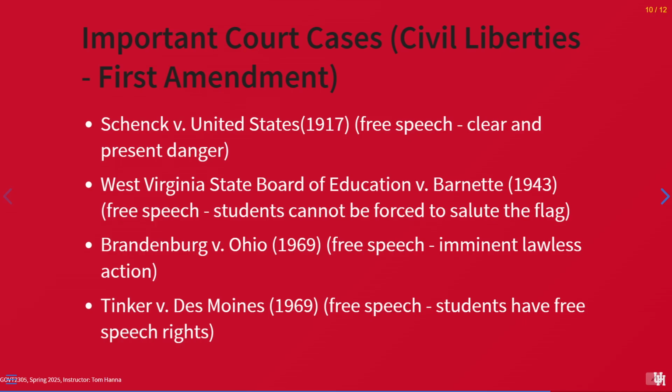Tinker versus Des Moines, 1969, the middle of the Vietnam War. This is a case of high school students protesting the war. This war involved a military draft. Students, when they hit 18 years old and graduated from high school, if male, had to register for the draft.